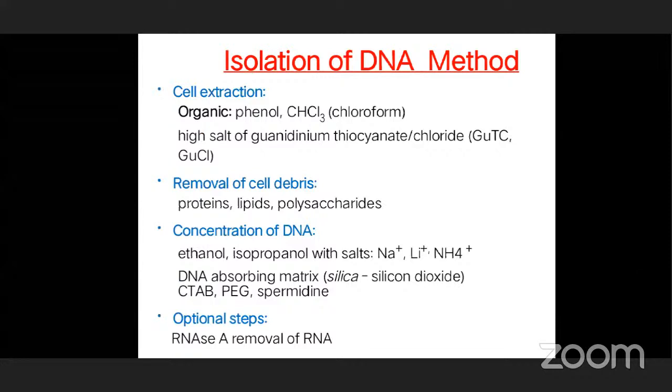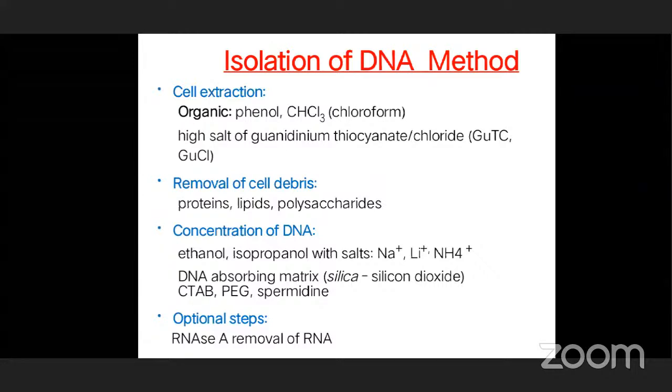How to isolate, means isolation of DNA by method. This is the short procedure of the DNA isolation method. Later on, we will discuss the detailed procedure as per your journal. First, see cell extraction. How to extract the cell?